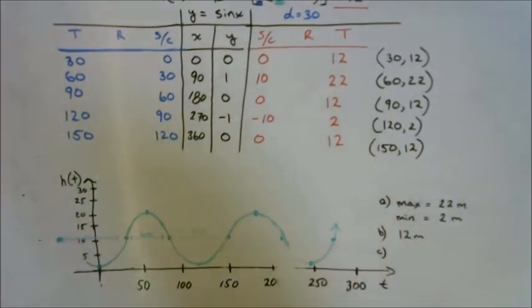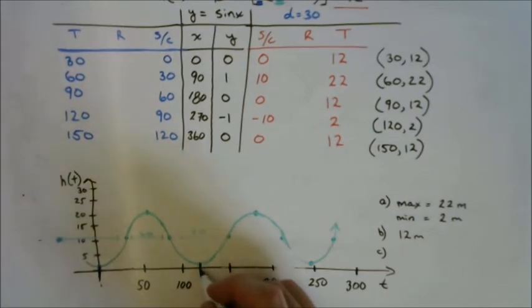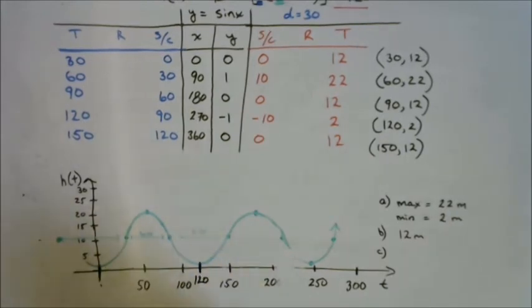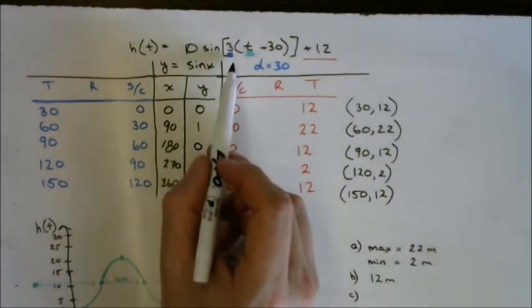C, the time required for the Ferris wheel to complete 1 revolution. It's from 0 to 120. The other way to remember that is up here.